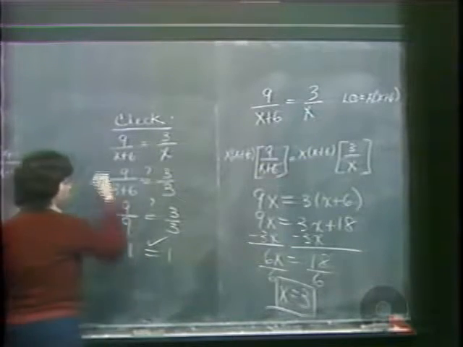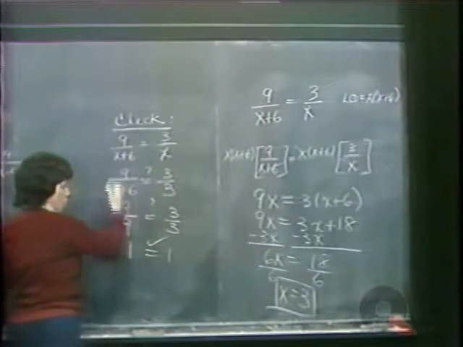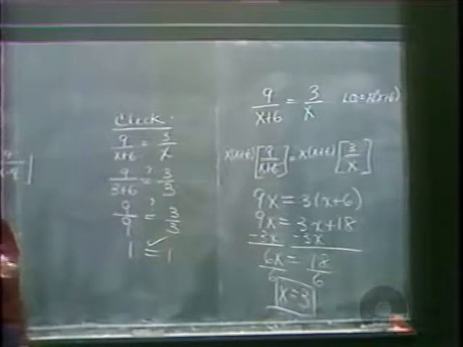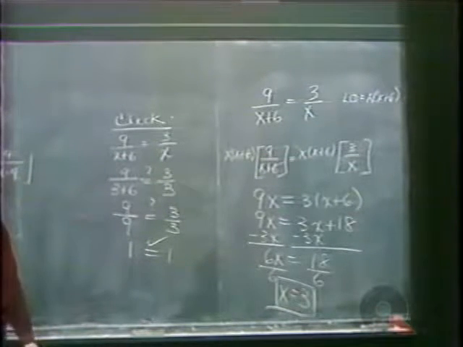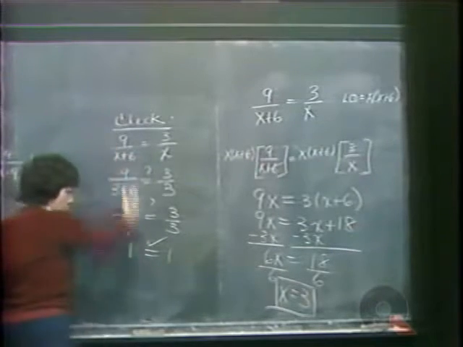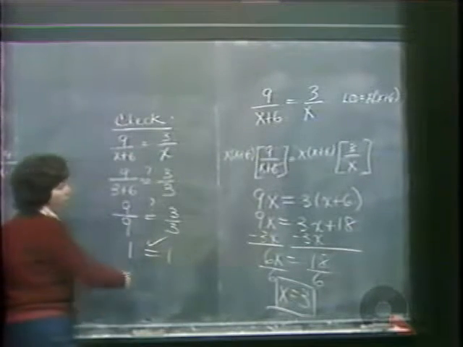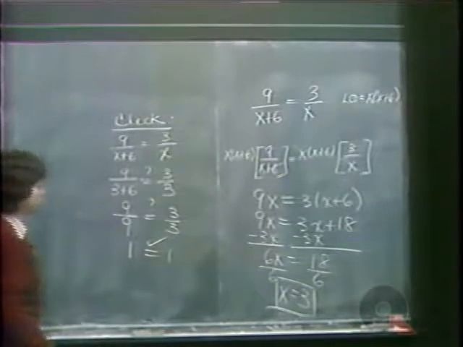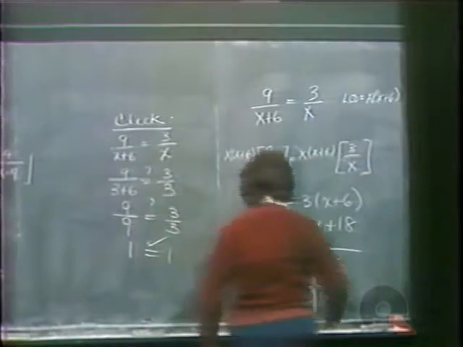You can sort of do them line by line, working on the left and the right, or as before, you can draw a line down the middle. Sometimes one side requires a good deal more work than the other side, in which case it's a good idea just to draw the line, work with one side all the way, and then work with the other side. Okay, x equals 3 is the solution in this case.